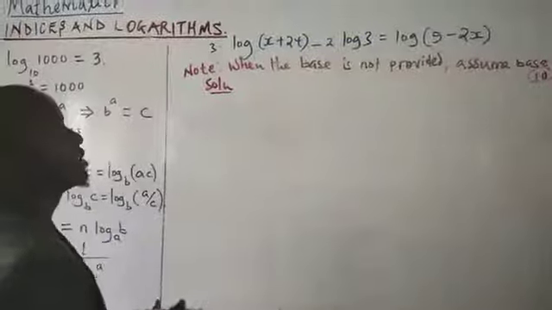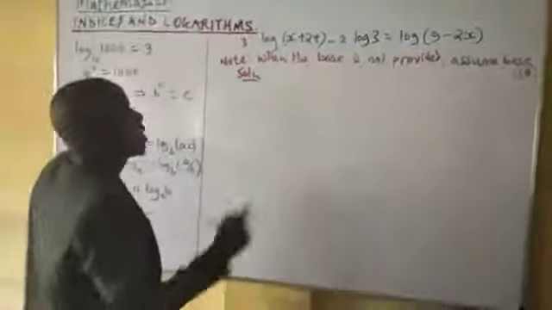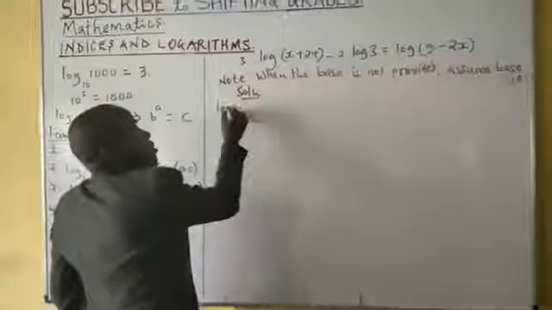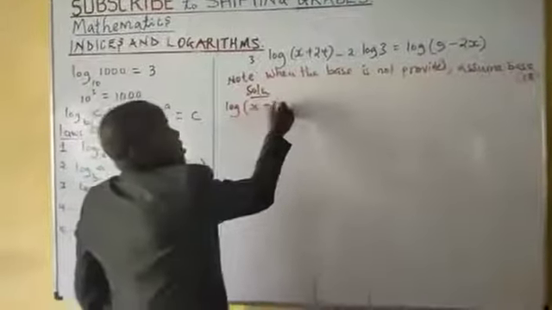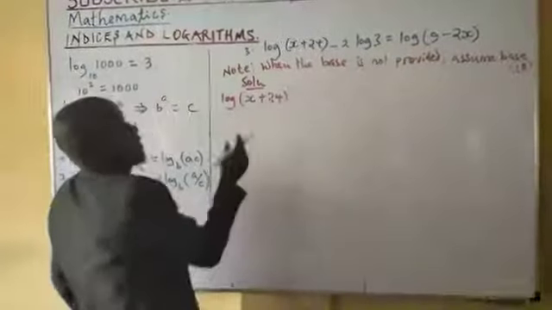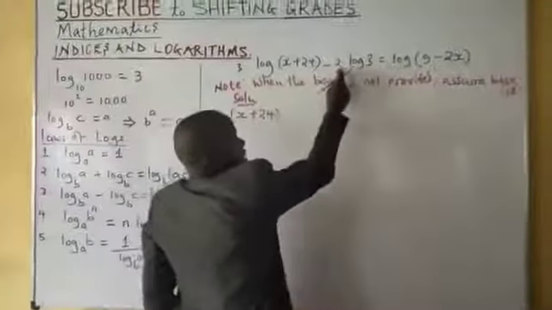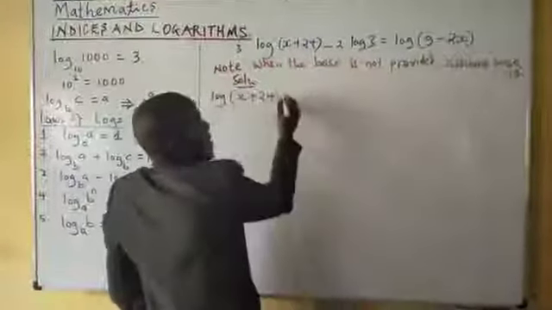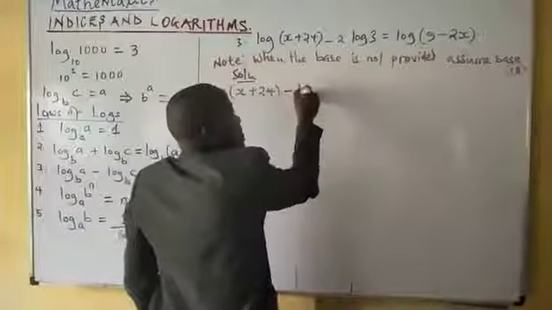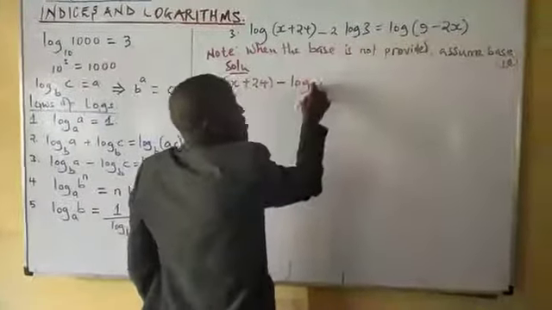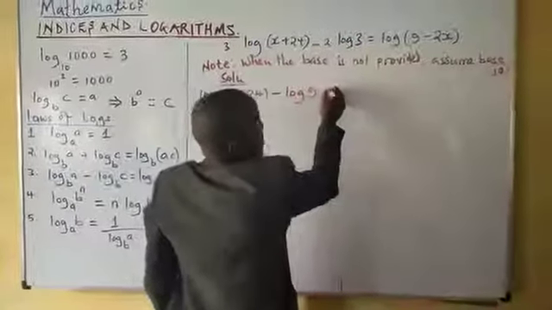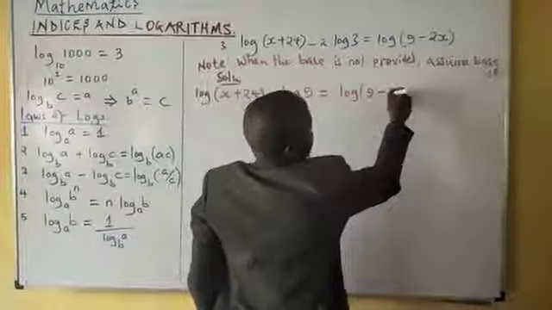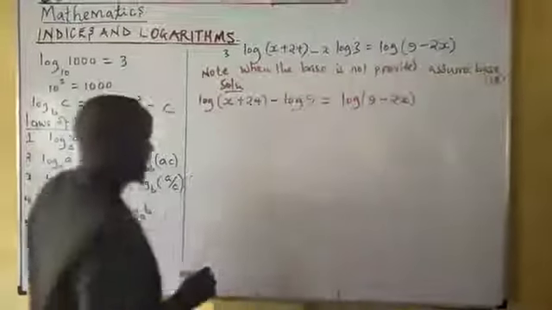For this question, we apply several laws. Firstly, the log of x plus 24, then because when a number is here, it is a power to the number here, this becomes minus the log of 3 raised to 2, which is 9, is equal to the logarithm of 9 less 2x. We are solving for x.